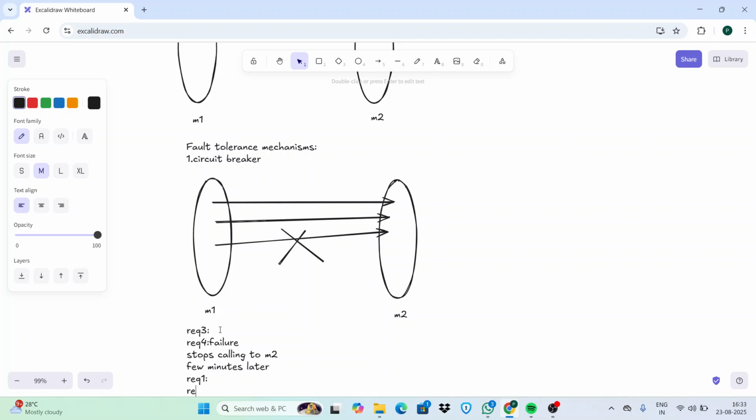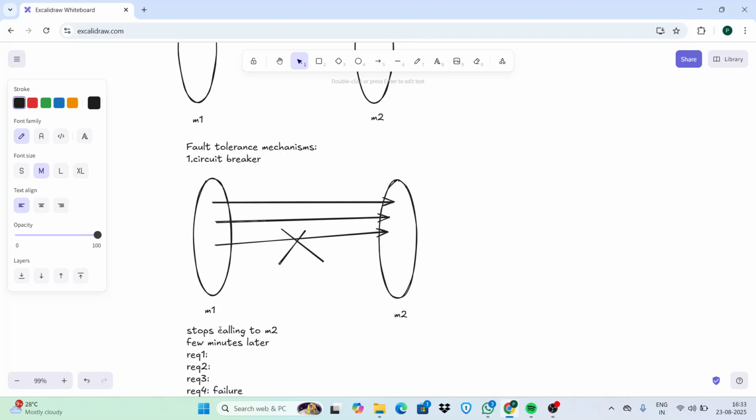Response is not coming. Request 2, response is not coming. Request 3, still response is not coming. At request 4, it again declares a failure and stops calling M2 for some time. So this is the circuit breaker fault tolerance mechanism in microservices.